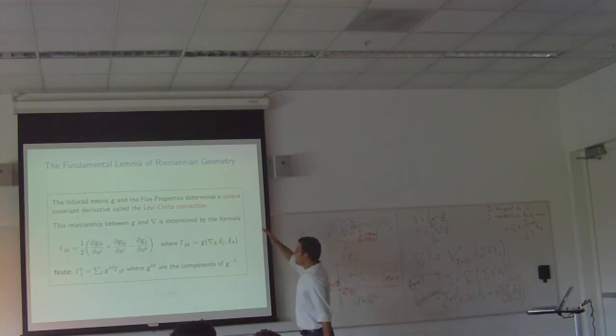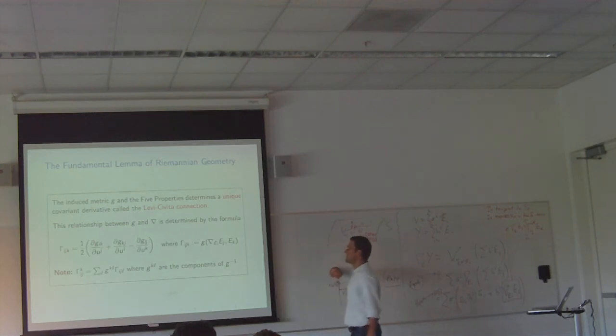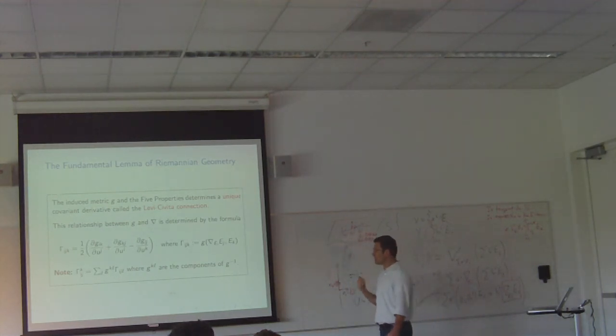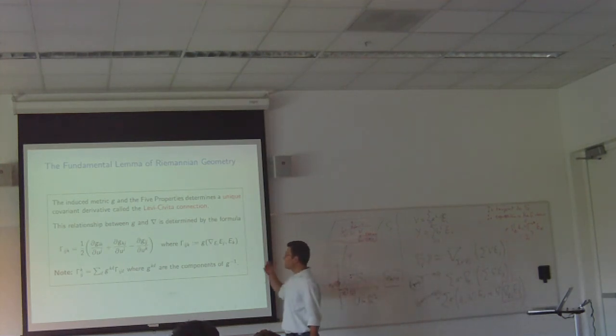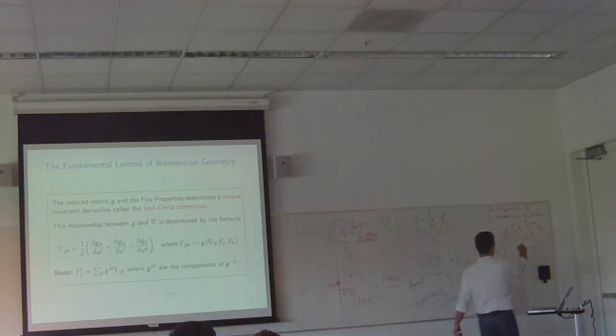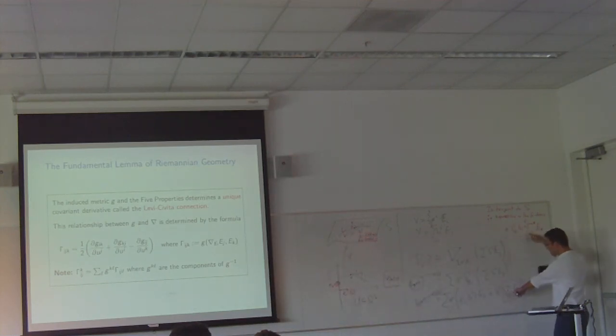So, the lemma says that the induced metric G, together with these 5 properties, determine a unique covariant derivative. That covariant derivative is the one we've defined. It's called the Levi-Civita connection. And the way you know it's unique, the way you prove the theorem, is you establish a relationship between the gammas, the Christoffel symbols, which is the only missing ingredient in this formula, the only thing that we can't say exactly what it is, where it comes from.